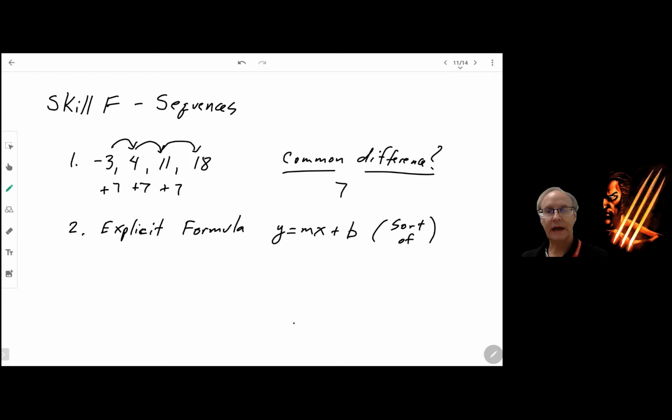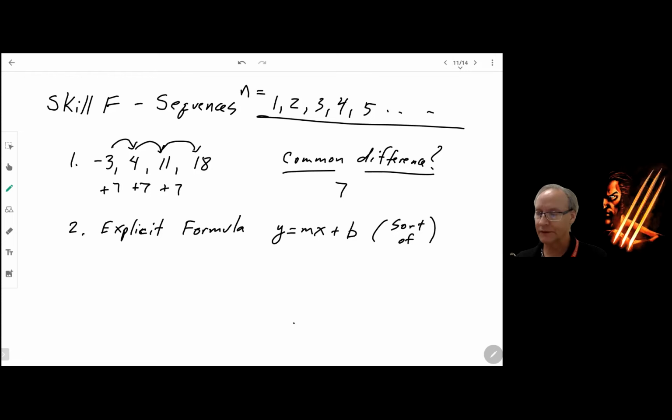One way to look at the common difference with sequences is that it's the slope. Here's the reason. You see, sequences are just a function where the x's are always 1, 2, 3, 4, 5, and so on. We call them n, but these are just your x values for a sequence, and here are your y values coming out.